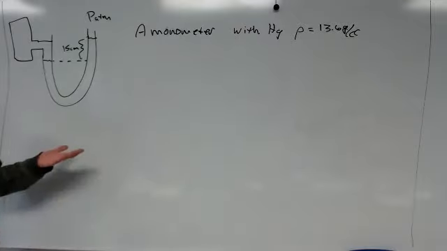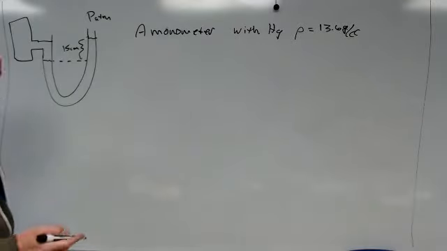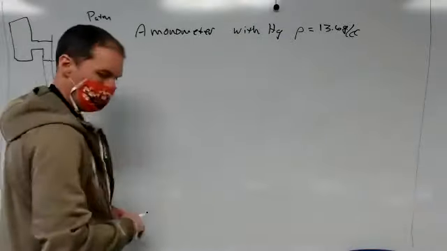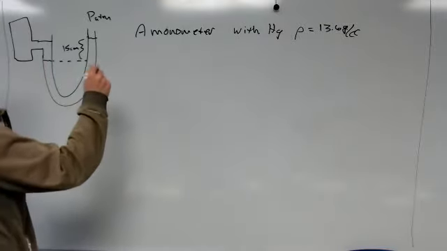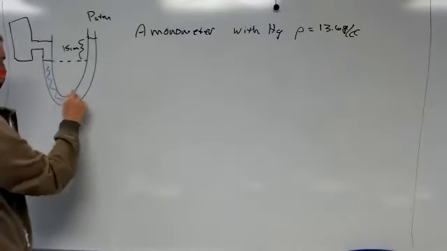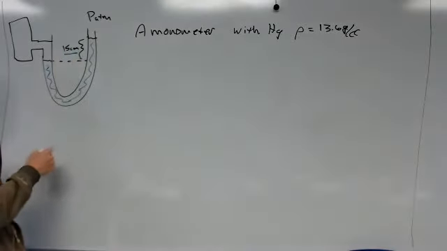So this is a nice example of Bernoulli's principle, so we can just apply that if we want, since you were asking me about it, right? So for the people online, I have a manometer. It's got mercury in it. The height difference between the two sides is 15 centimeters.